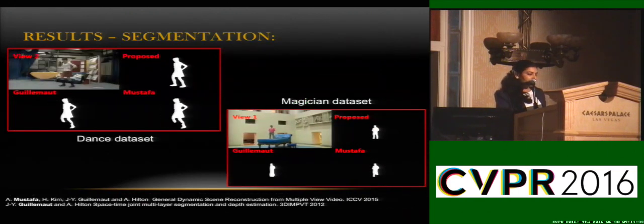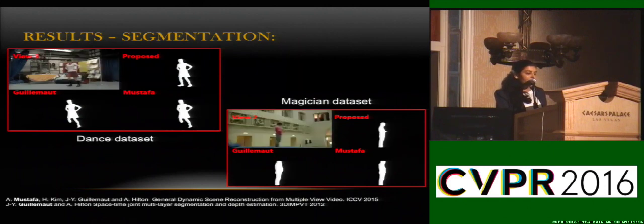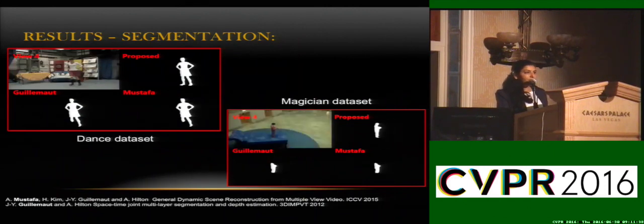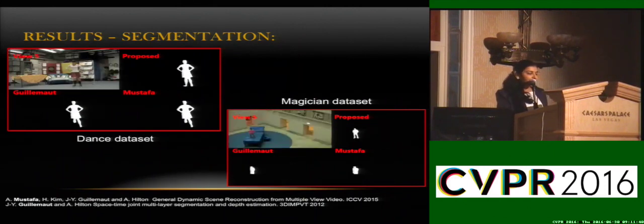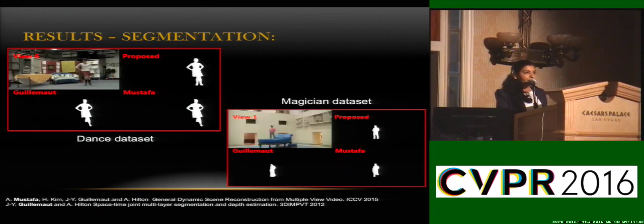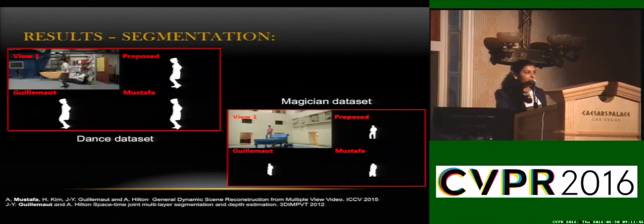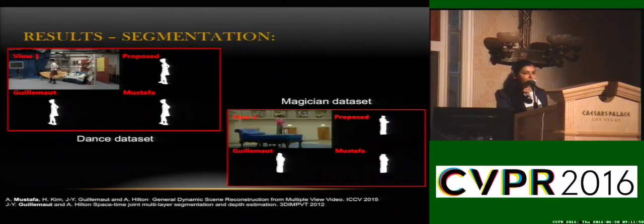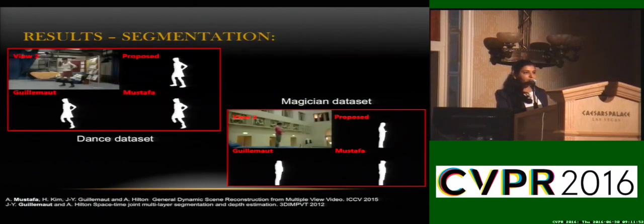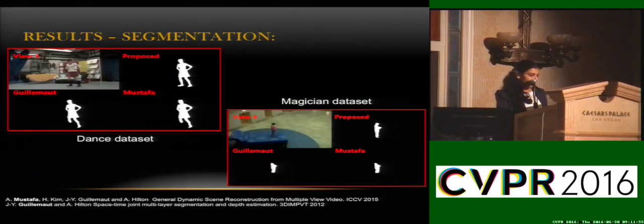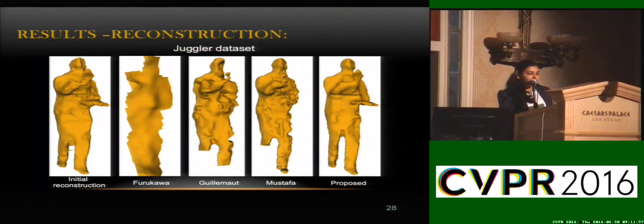Compared against Guillemot and Mustafa, captured with only static canvas, and magician in both the cases, the segmentation obtained using these are the three methods using the same initial coarse reconstruction.